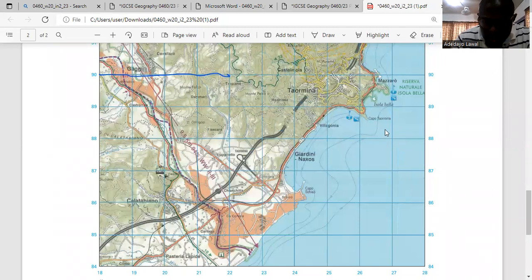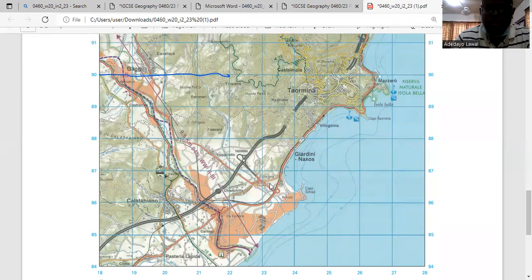Okay, so this is Capo Terminal here. I believe you can see it. To the south edge. So I think they want us to measure from here to the south edge. They didn't specify the exact spot. So you have to get your thread and just place it along this and measure along the coastline to the south edge. I think to this last point.